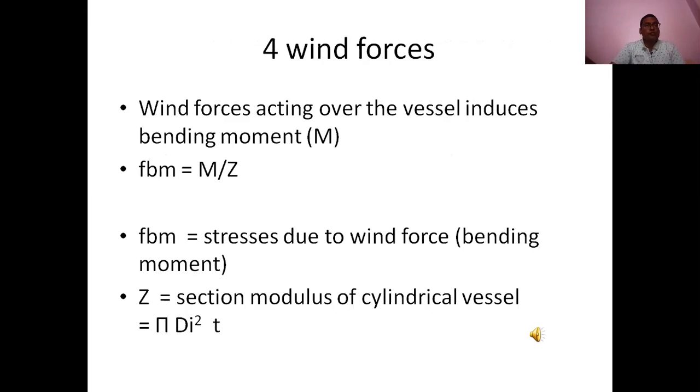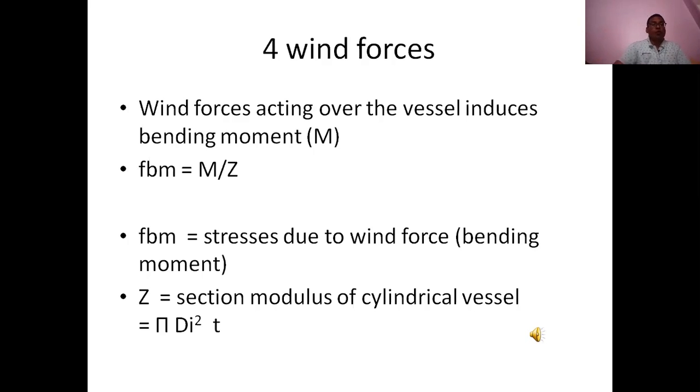Then fourth, wind force. Now consider that this is a vessel, and if this is the wind which is acting, there is a force applied because of this wind, and because of that a bending moment will be acting on this.